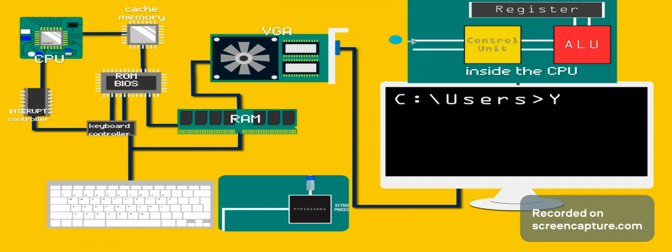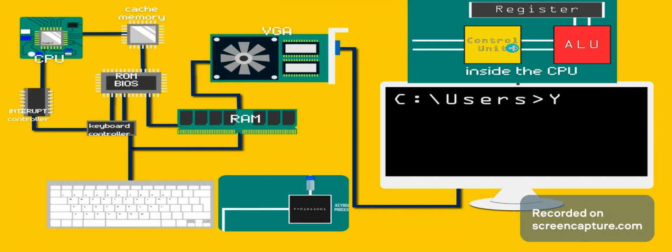Inside the CPU, the signal will be sent firstly to the control unit to decide what is the appropriate action that the ALU will have to do.